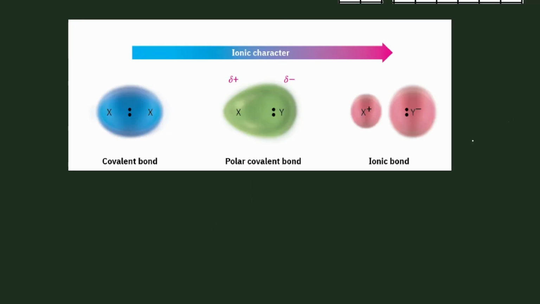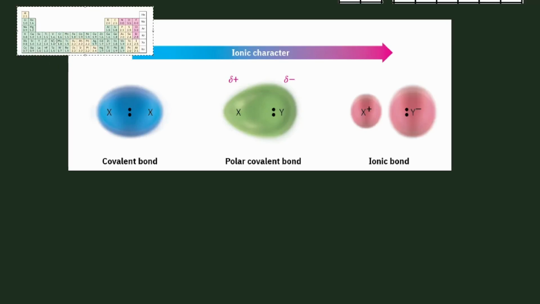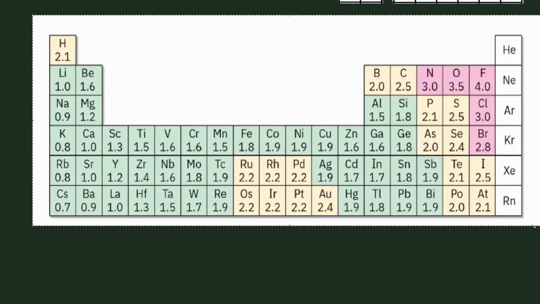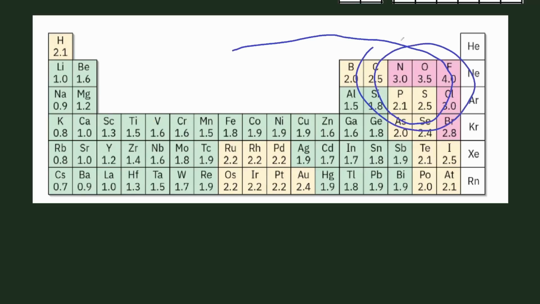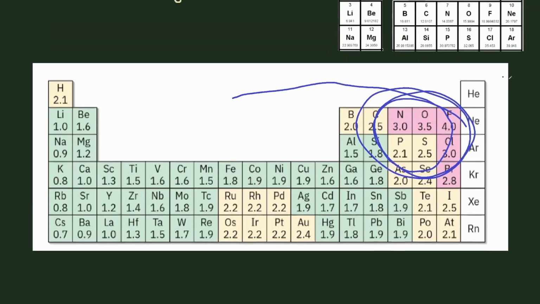Let's get out an electronegativity chart. This is going to be a chart that shows you how interested in one more electron an atom is. Obviously, the upper right corner has fluorine. Look over here at these. These are our electronegative atoms, all of our organic chemistry atoms.